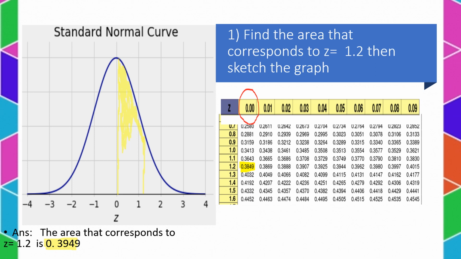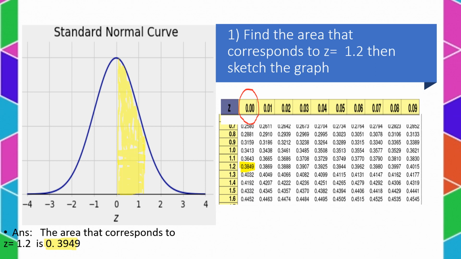So, ang ibig sabihin yan, meron lang tayong 39.49%. Okay, so that is the shaded region. Yan yung area na tinutukoy dito sa problem number 1. Okay?